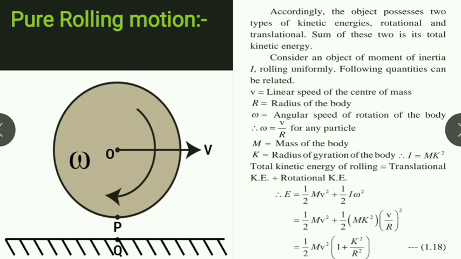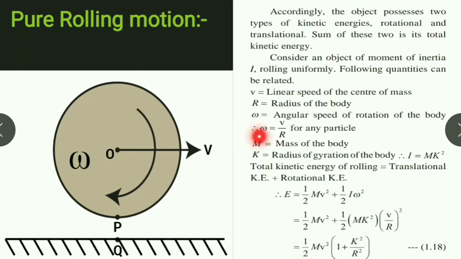In this case, omega is the angular speed of rotation of the body, R is the radius of the body and V is the linear speed of the center of mass. We have the relation between these three quantities, that is V equals R omega.